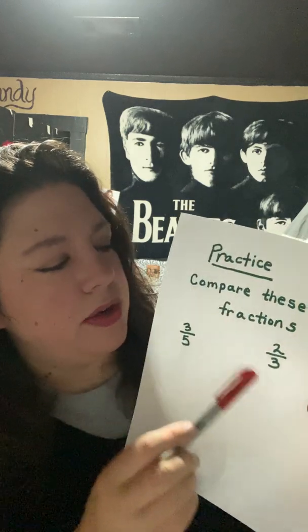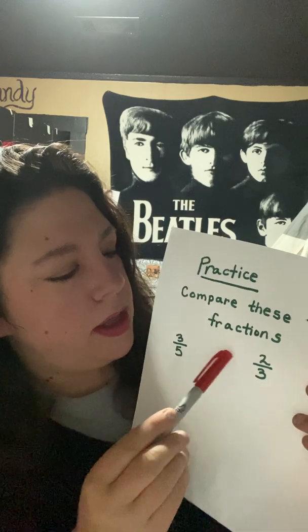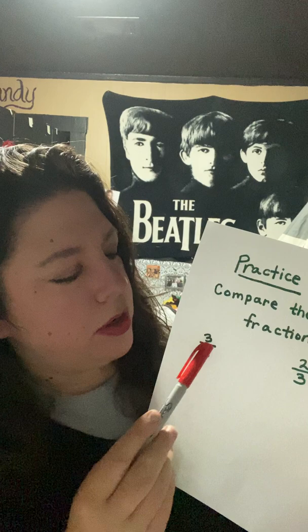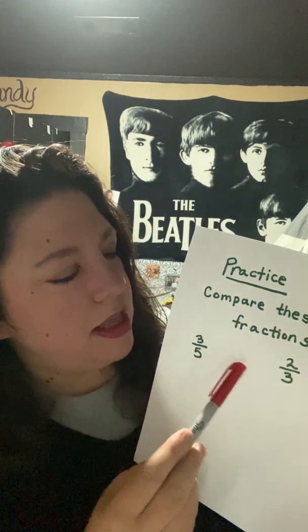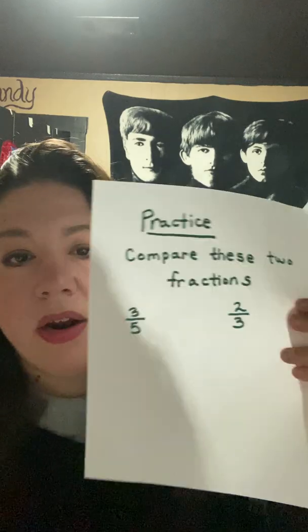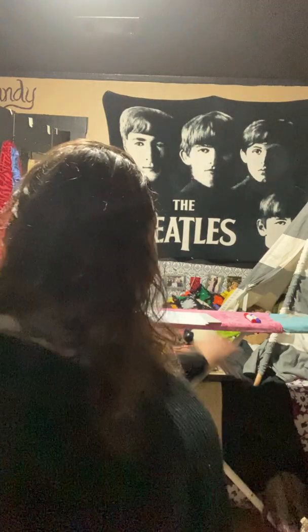So the alligator is going to eat 2/3. Going to make that little sign where it says 3/5 is less than 2/3. It's the sign where the alligator eats the 2/3 side. You can pause the video to write that down.